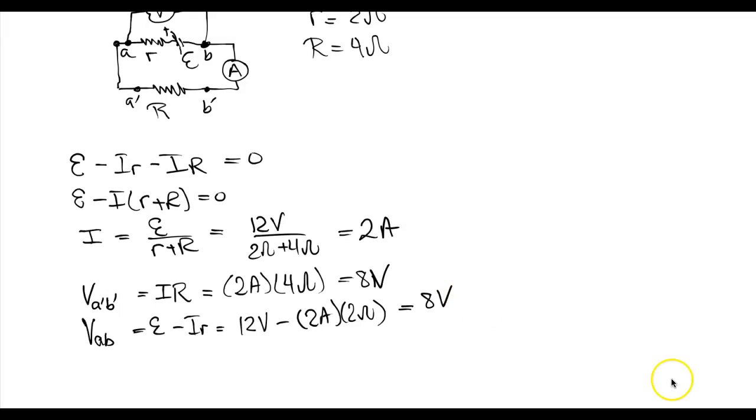So you see that there's a consistency between what is happening inside and outside that value of the internal resistance.